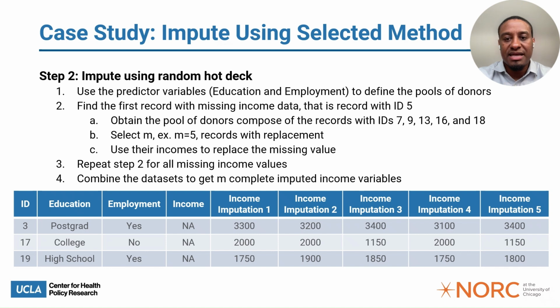Then we randomly select a donor and use their income to replace the missing data. We repeat this process to create M complete datasets. In this example, we choose M equal to 5. We can see the results in the table. For each of the 3 records with missing income, we now have 5 different plausible values, one for each imputation.